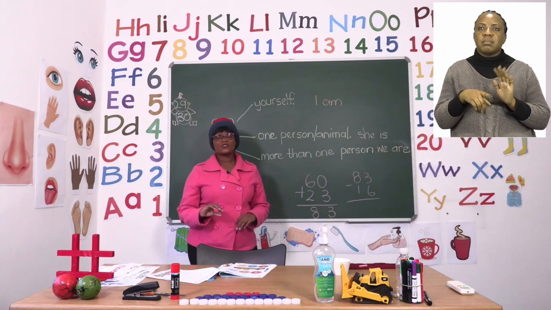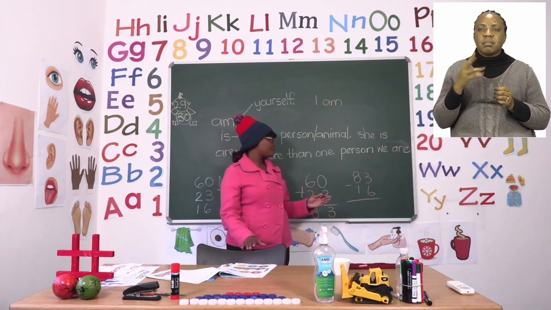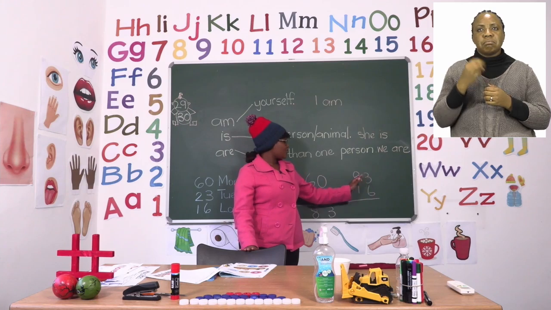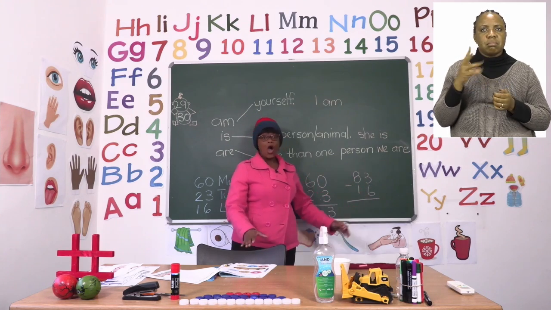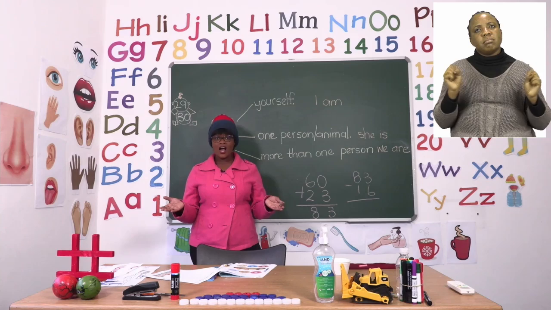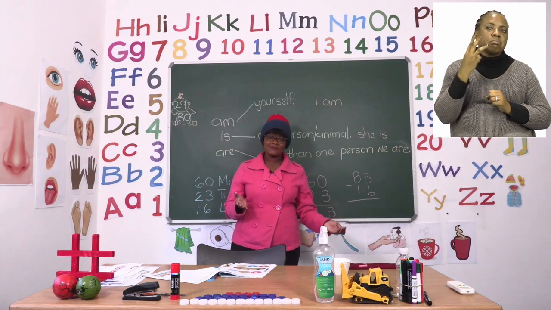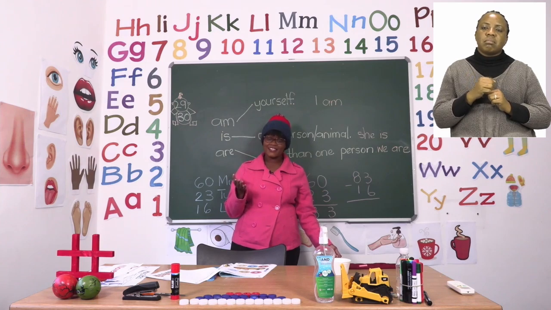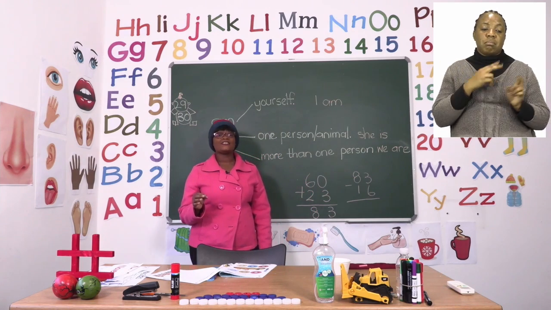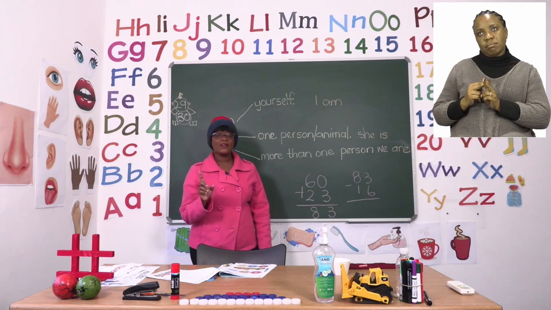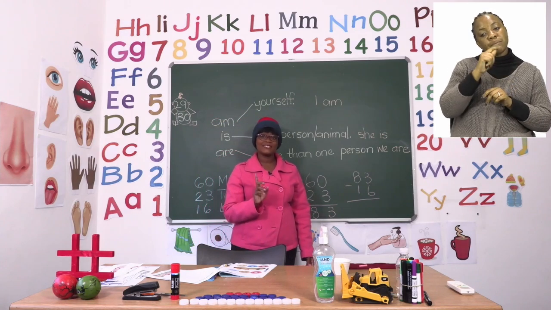Now it's time for us to actually find our answer. We can say 3 minus 6. It can't, because 3 is smaller than 6. So we need to go and borrow. We're going to borrow a bag of 10 from Mr. Tens.